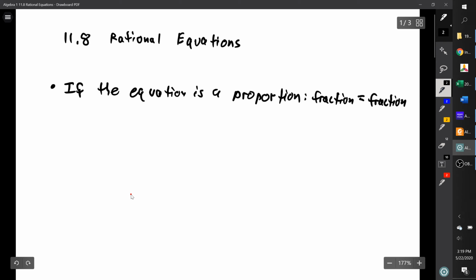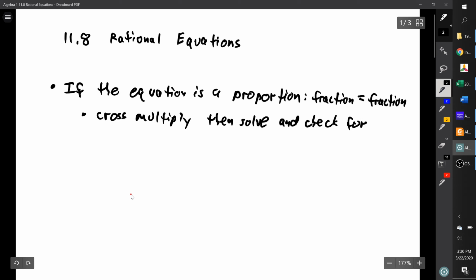If it's that kind, then what you can do is cross multiply, then solve, and check for extraneous solutions.